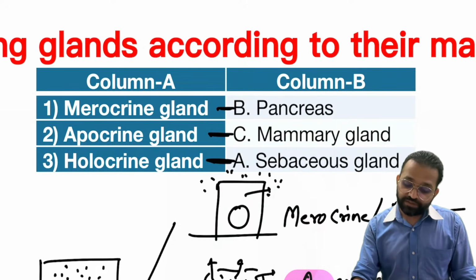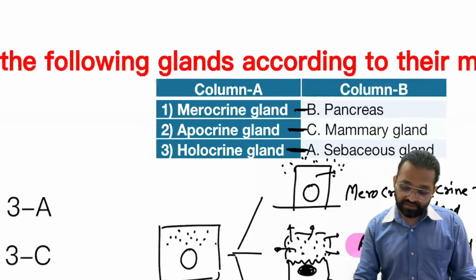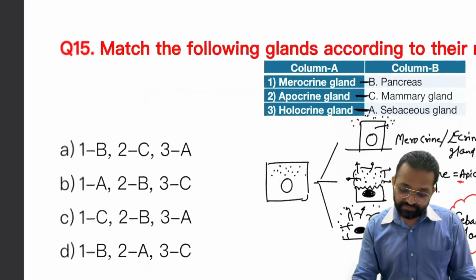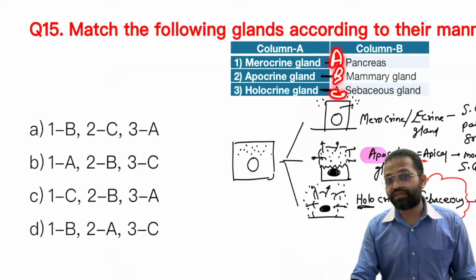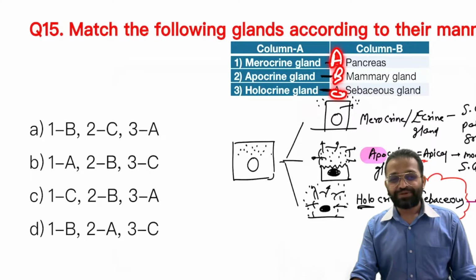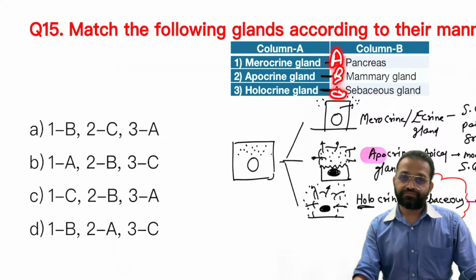But look over the option now. 1B, 2C, and 3A. So it is not A, B, C. They can put any kind of option. You have to be alert for each and every question.